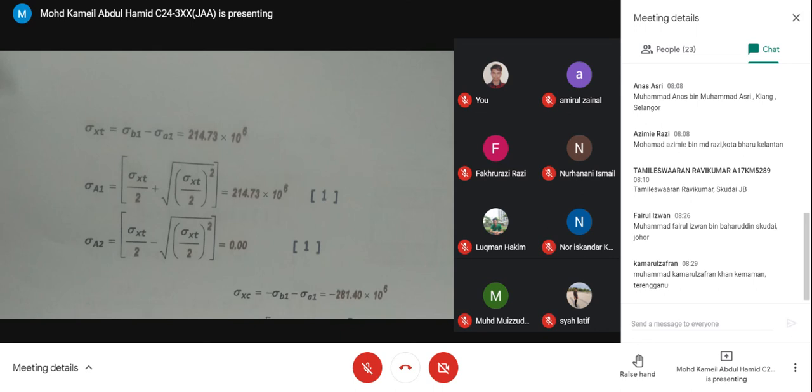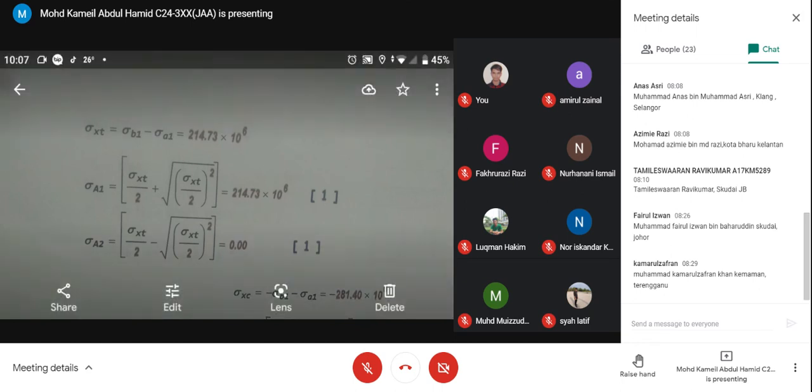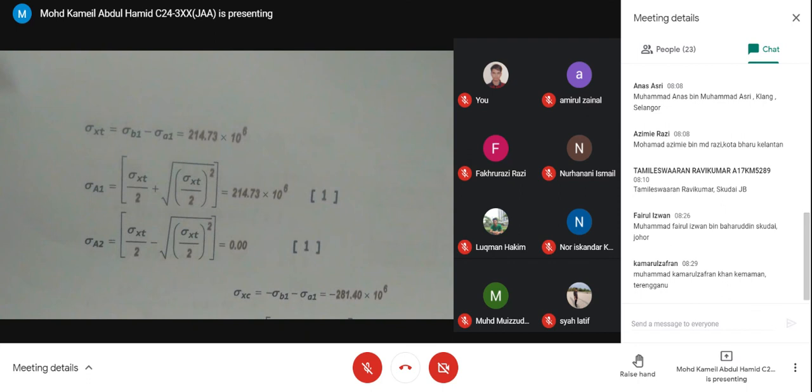Then to calculate the principal stress sigma A1, sigma A1 equals sigma xt divided by 2 plus the square root of (sigma xt over 2) squared, so we can use this equation, and we get 214.73, the same. And sigma A2, the second principal stress, is 0. So that is for the tension part.